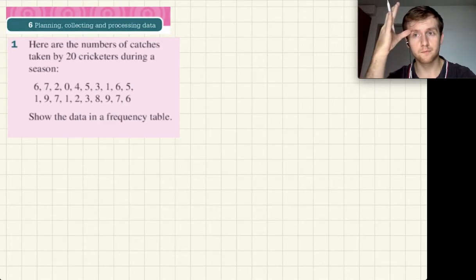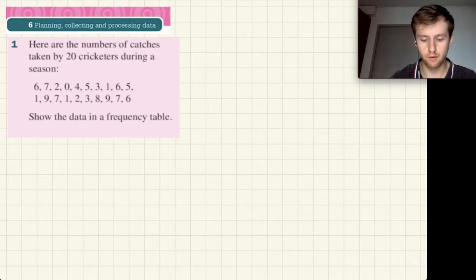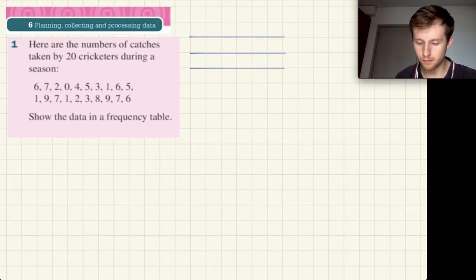I think we have 1 here, oh actually we start with 0. We have 0, 1, 2, 3, probably all the way to 9. So we start with 0 and get to 9 catches. Let's do 9 rows in the frequency table.